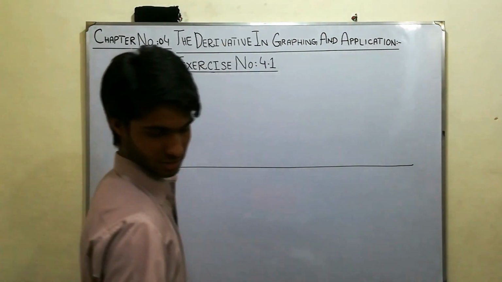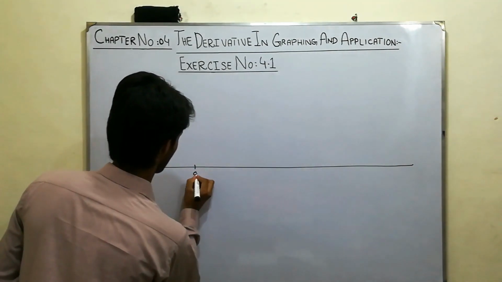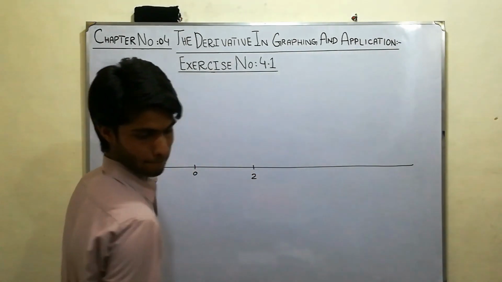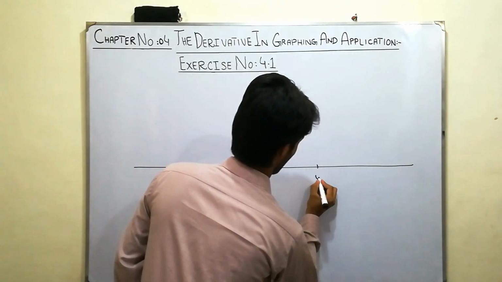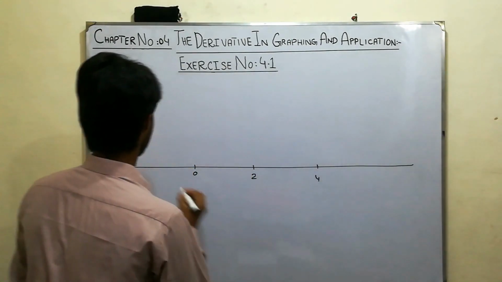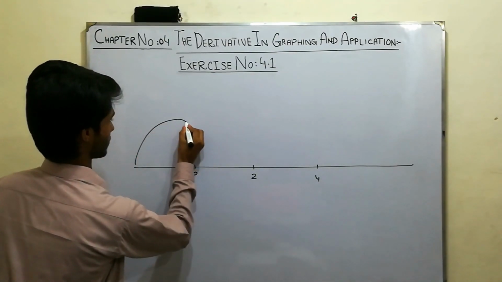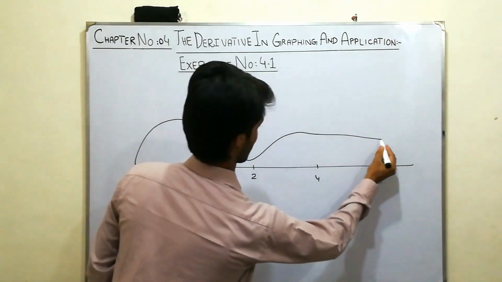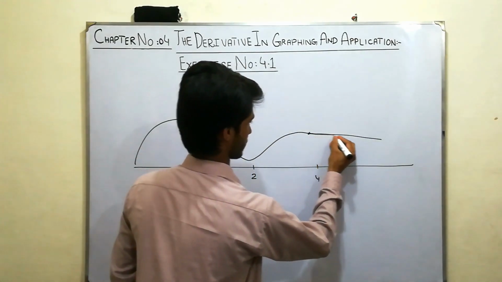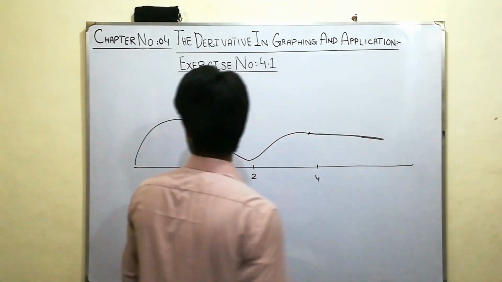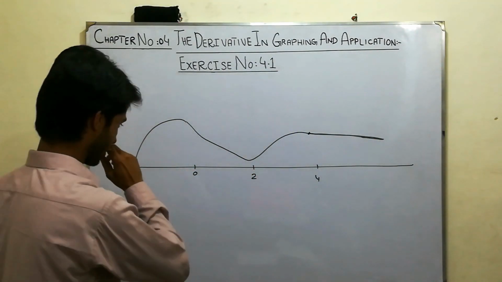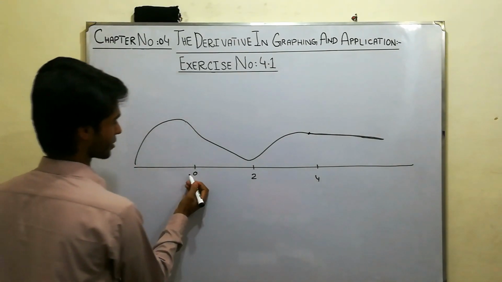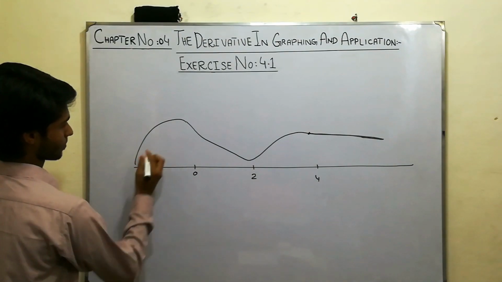So we have different points: 0, 2, 4. Now we draw a graph. You can see that as we travel left to right, on the left side of 0 we have an increasing function.